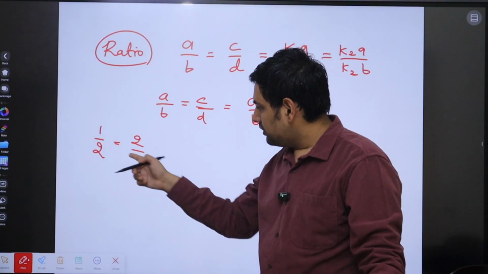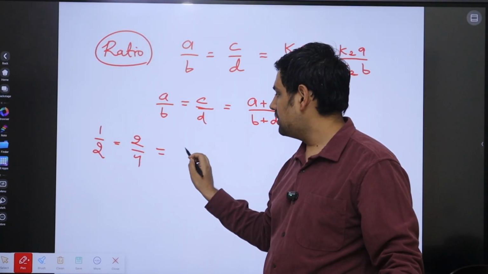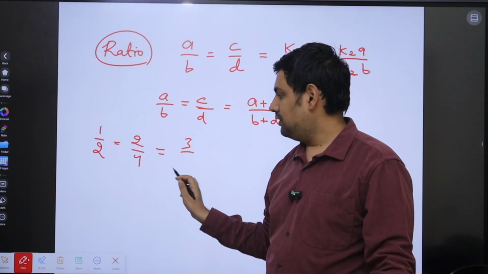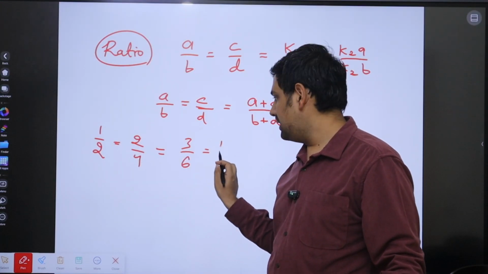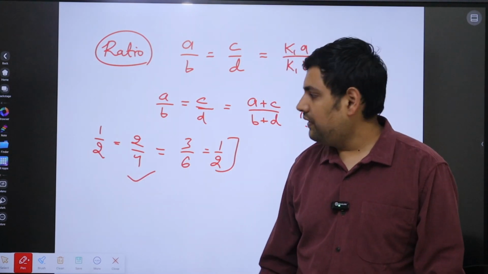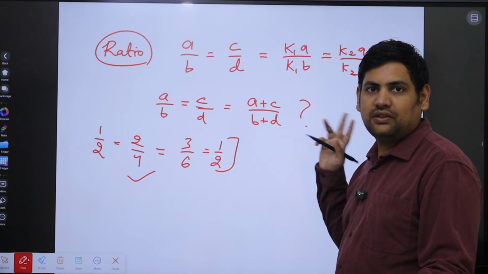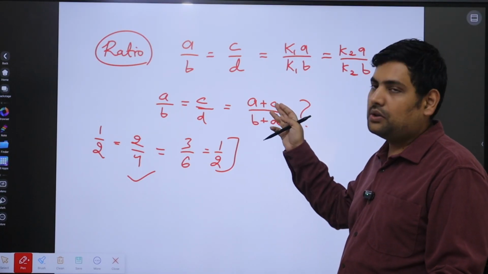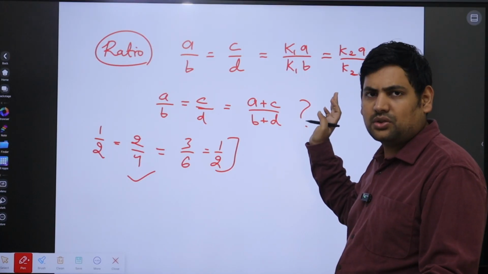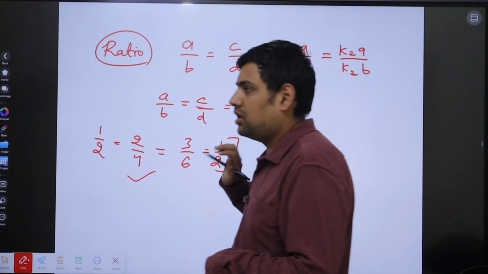Let's say you just add them. So it becomes what? 1, 2, 2, 4. So 1 plus 2 is 3. 2 plus 4 is 6. What you get? 3 by 6. Again 1 by 2. So you are getting equal values. So when they are equal, then you can add the numerators upon addition of denominators. It will even hold for 3 or more ratios. Does not matter. All of them, if you will add, you will get the same ratio.